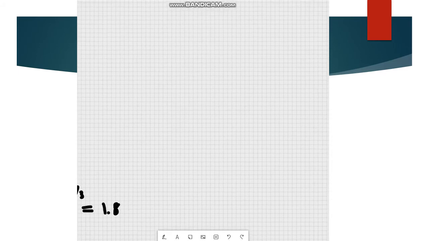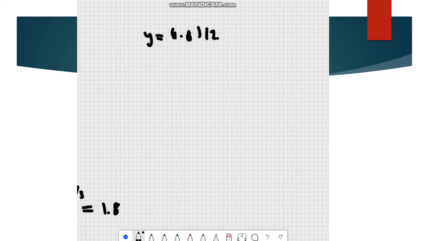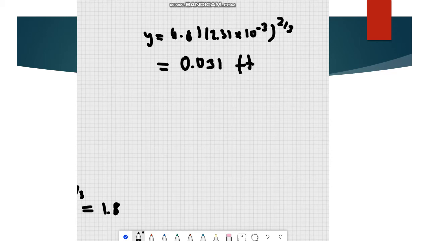So if I know alpha and I know the discharge, y is equal to 1.8 multiplied by 2.31 times 10 to minus 3, to the power 2 over 3. So it's going to be 0.031 feet depth of water on turf.